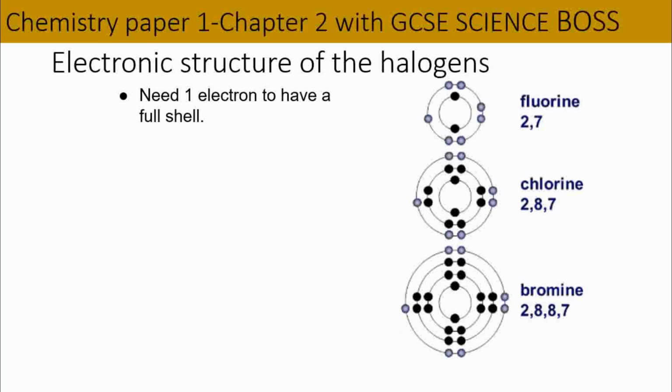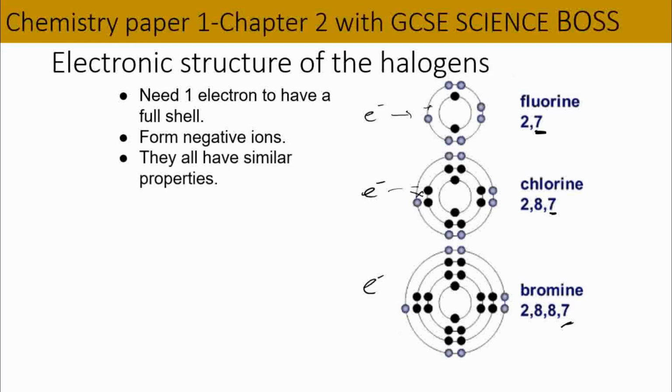And also, they all need 1 electron for them to be stable. So 1 extra electron on that end would make that atom stable. So if we think of the electrons trying to go in, remember that they would form negative ions. All right, good.